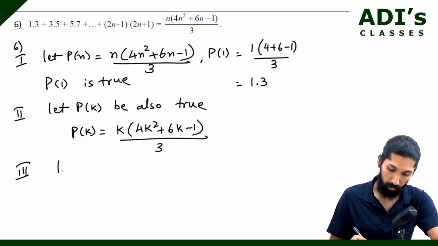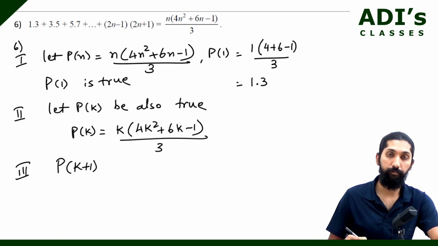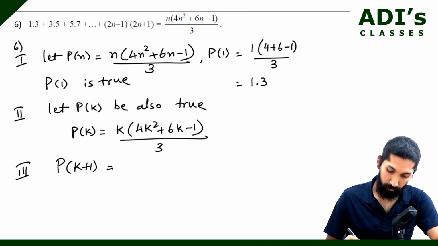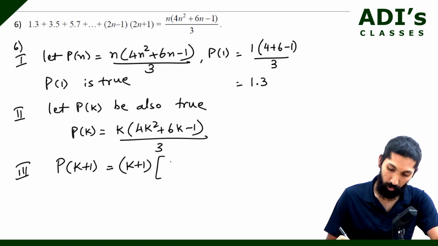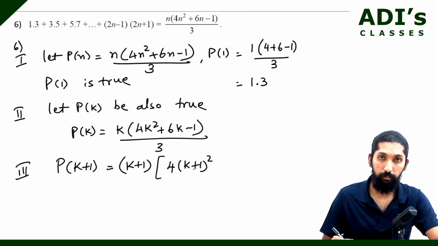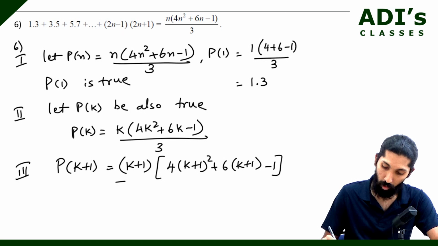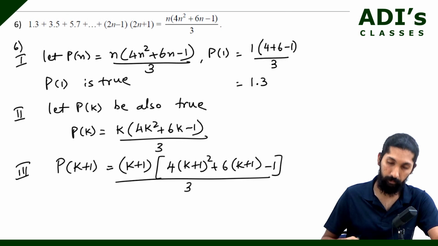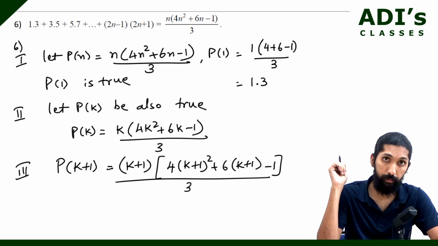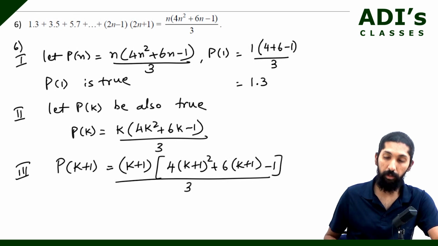So P of k plus 1 will be equal to k plus 1 into 4 into k plus 1 whole square plus 6 into k plus 1 minus 1 whole divided by 3. Quite a big one actually speaking, isn't it? This is P of k plus 1.